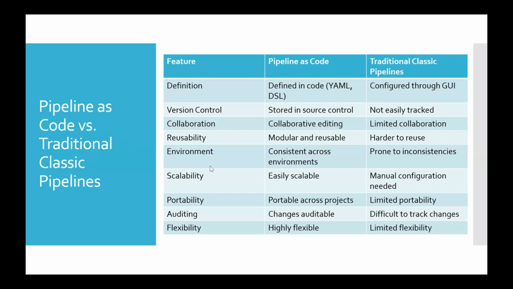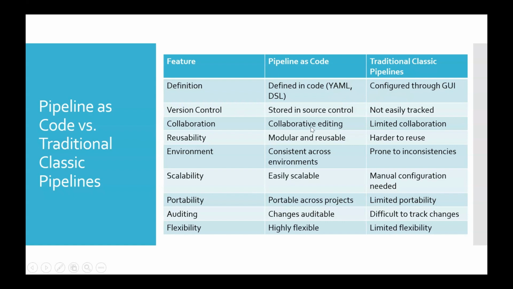Now let's compare pipeline as code versus the traditional classic pipelines which we create in any of the CI/CD tools. We'll be comparing each of the features. These are some of the differences you can see. For the definition, we define pipeline as code in YAML or DSL, but in traditional classic pipelines, we configure through the GUI.